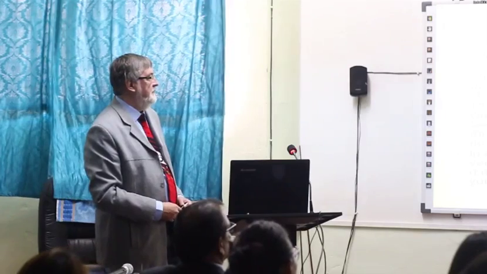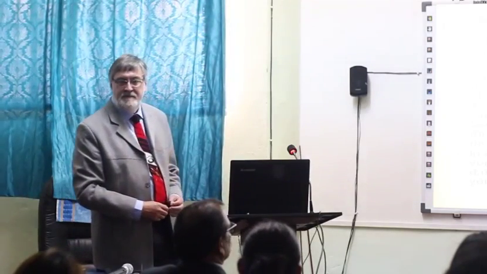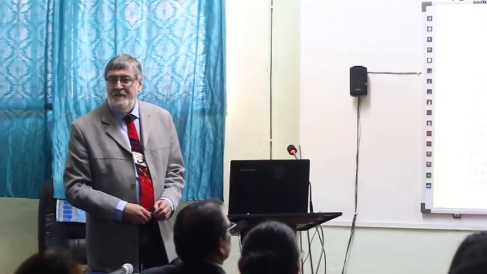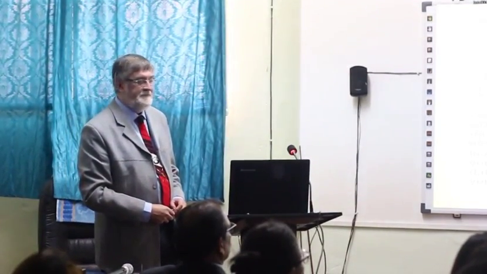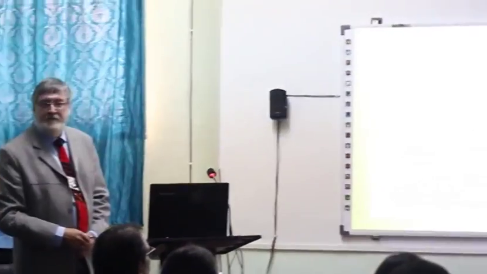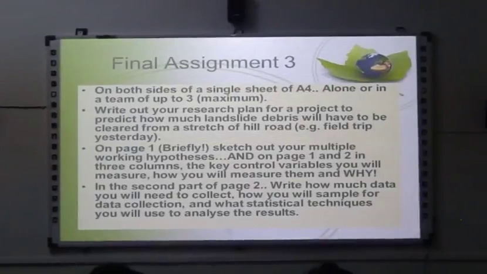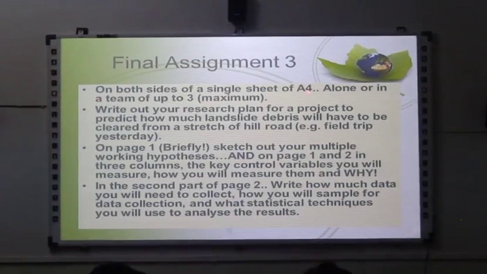So here's coming up your final assignment, for my bit anyway, not for GIAN, but for these lectures. And it's exactly what you expect is coming. I'll repeat this at the end. Again, I want one sheet of paper. You could do it alone, but it's much better to talk this through.